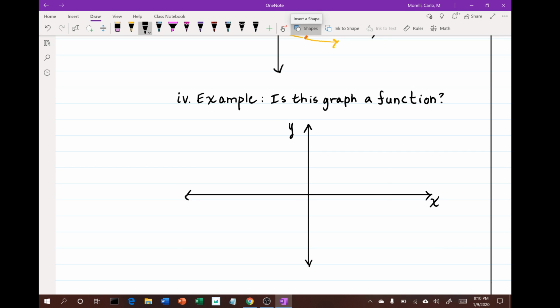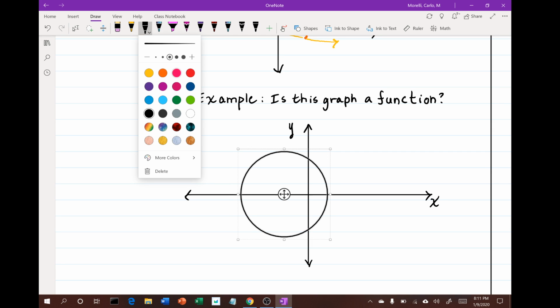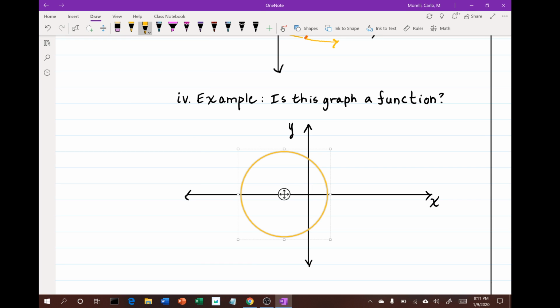Okay, so now let's put this shape right here. So this is a circle. And we'll make this pink. No, let's stick with our color scheme here.